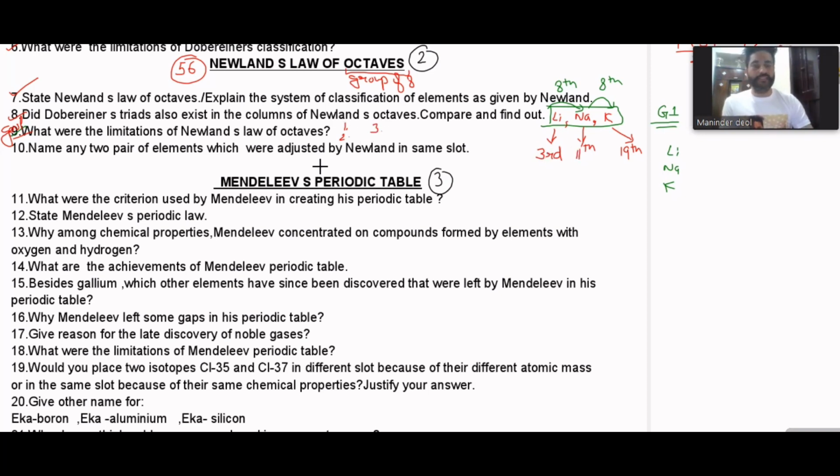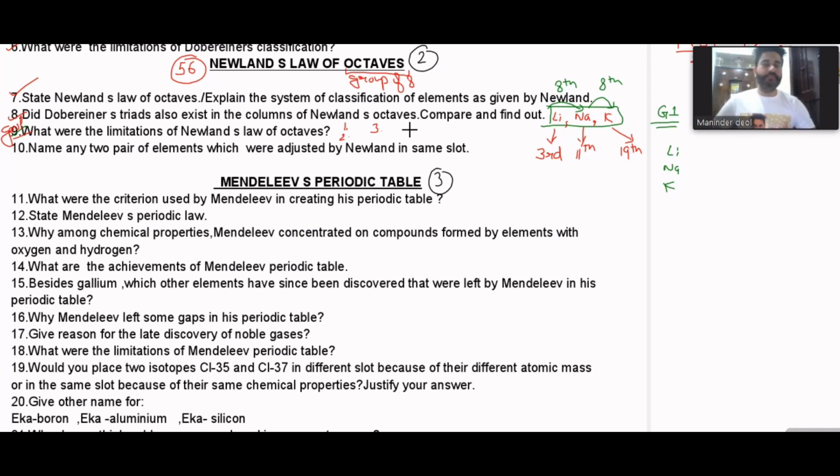Third limitation: after calcium, as the properties did not match, he placed a few elements having similar properties in different groups, and elements whose properties are different were placed in the same group.